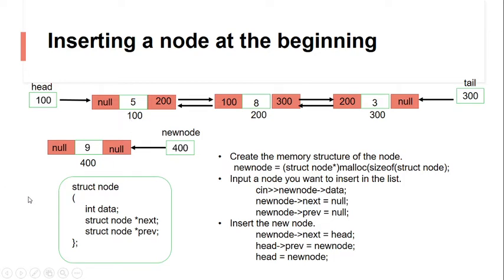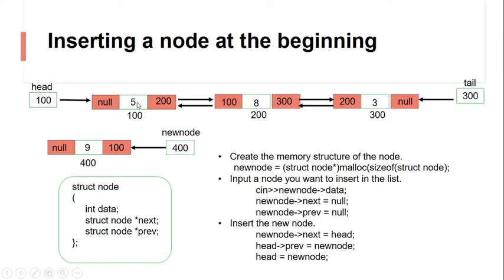So for our new node, which is 400, the next will be filled up with 100, since 5 is the next node. Now this null of item 5, the previous, will also get a value from the previous node.